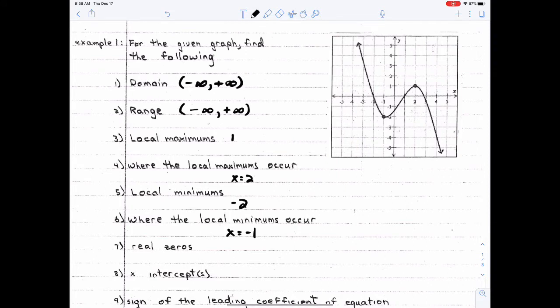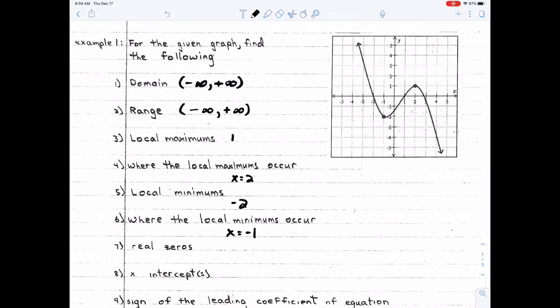Okay, the real zeros. Now remember, a zero isn't always real. There can be zeros that are real and zeros that are imaginary. We can solve an equation and get 10 zeros, but if 9 of them are imaginary, then there's only one real zero. So a real zero shows up as an x-intercept on a graph.